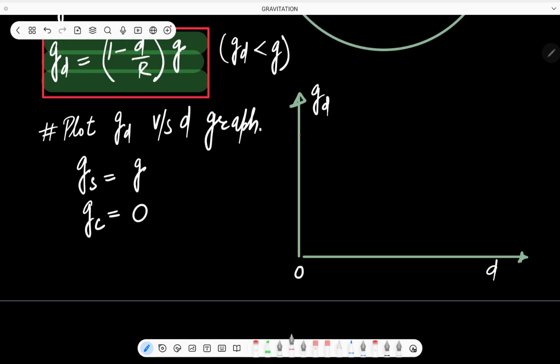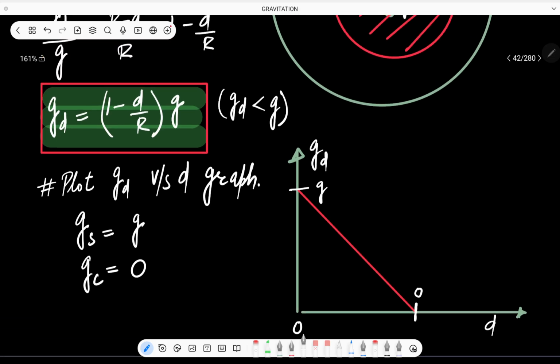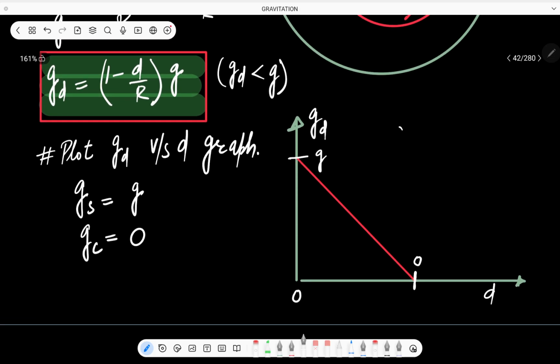So my dear student, that will decrease linearly. The value of acceleration due to gravity on the surface of Earth is equal to g, and at the center of Earth it is equal to 0, and the graph is linear. As you move from the surface to center, g decreases, and if we move from center to surface, g increases.